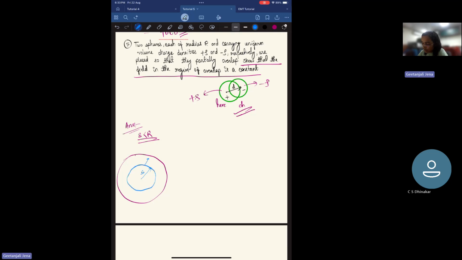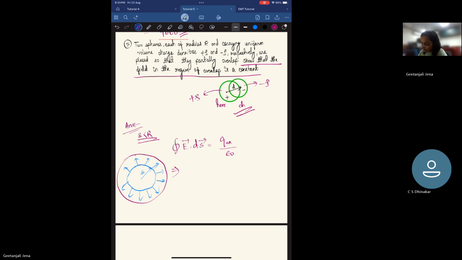The electric field will be in the radial direction. If you use the integral form of Gauss law, E dot dA is q enclosed by epsilon naught.